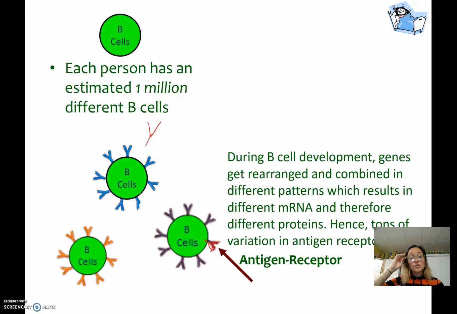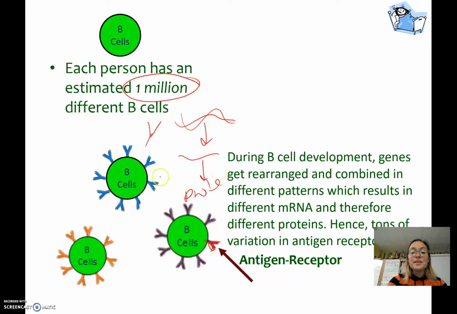During development of B cells, the genes are rearranged because, to have 1 million different B cells, if you had one gene that led to, like, here's your DNA, led to mRNA, led to a protein, these are proteins right here, you would need 1 million genes just to deal with antibodies. Now, we know that a human has anywhere from 20 to 30,000 genes total, not 1 million.